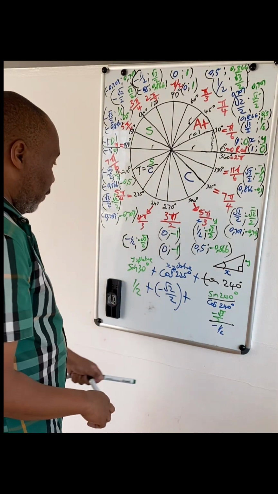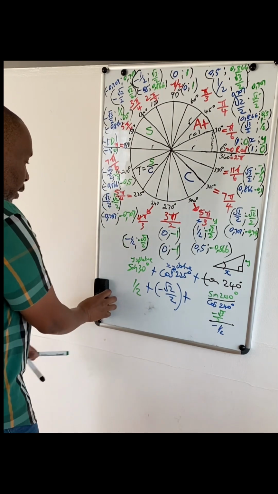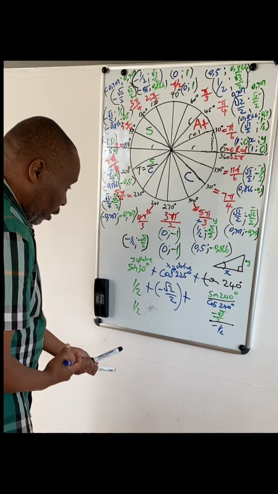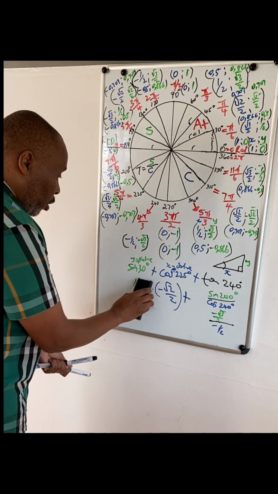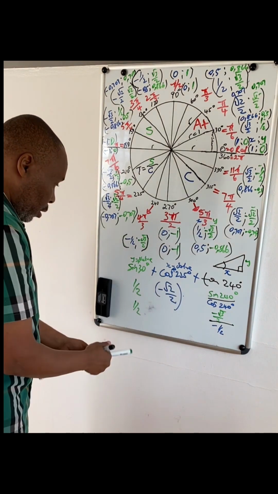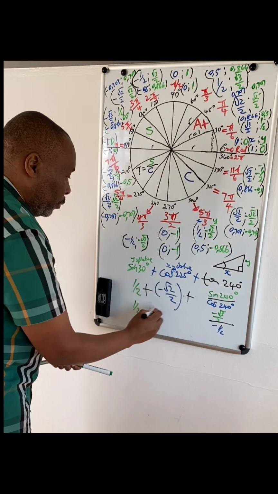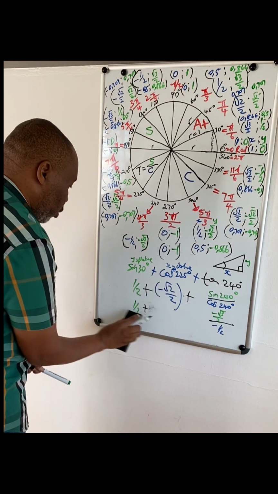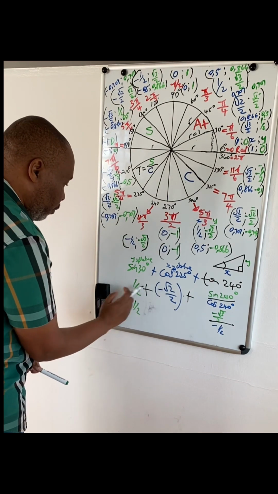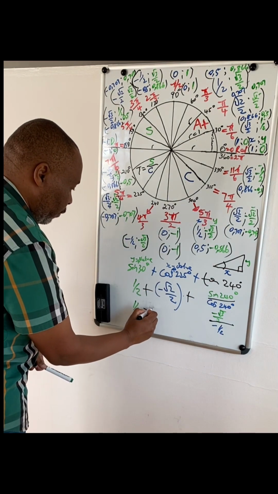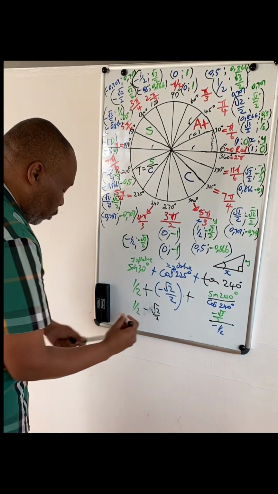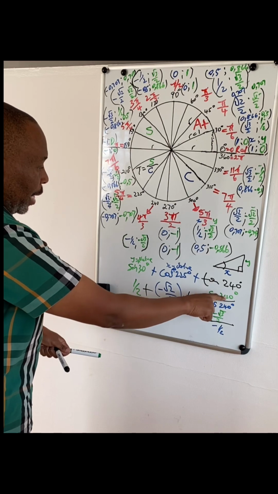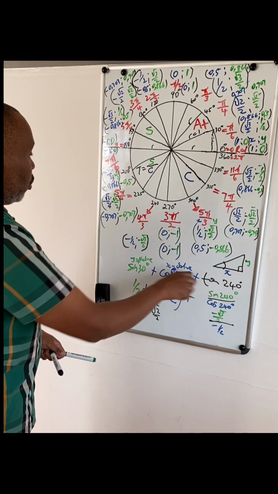Right, so we have this. So we say half, plus, maybe I should change this to black, plus, oh, it cannot be plus because it's positive. Positive times negative, it's negative root 2 over 2. And then here it is sine 240, tangent 240.